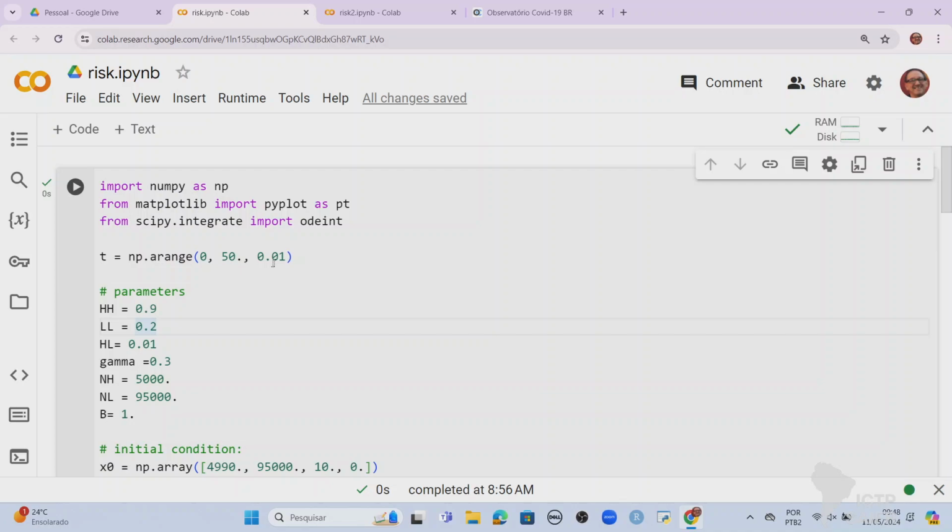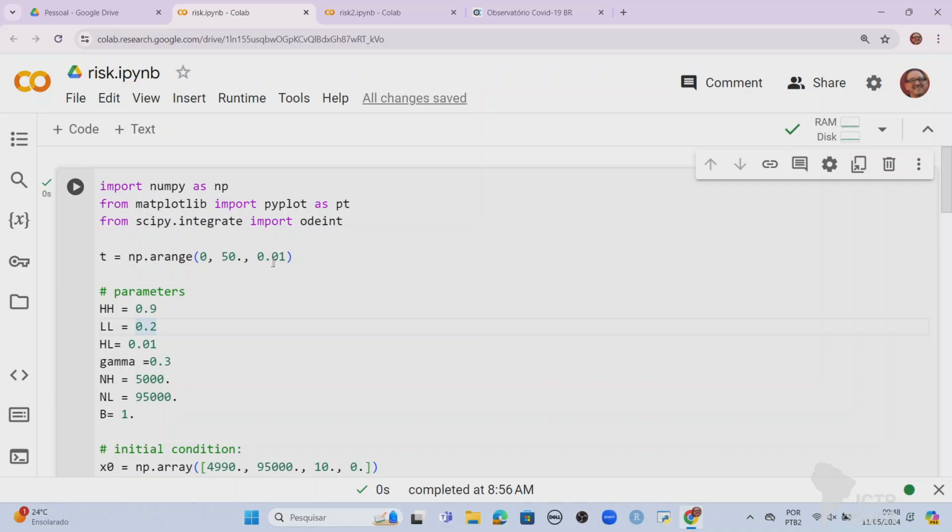And we'll have a lot of parameters. The parameter high is the beta high. LL is beta LL. HL is the beta, the cross contacts.